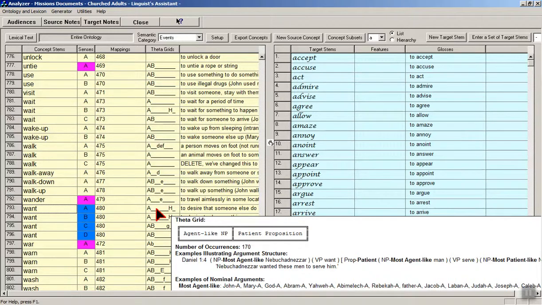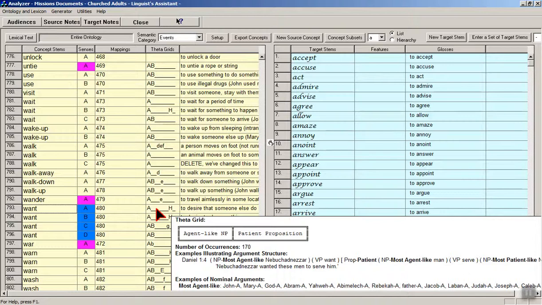So if we hover the mouse over that fourth column, the theta grid, we see the argument structure. We need an agent-like noun phrase and a patient proposition. And there's an example. Nebuchadnezzar wanted these men to serve him. So you might wonder whether I should write it as Nebuchadnezzar wanted these men, left bracket, to serve him, right bracket, or Nebuchadnezzar wanted, left bracket, these men to serve him, right bracket.